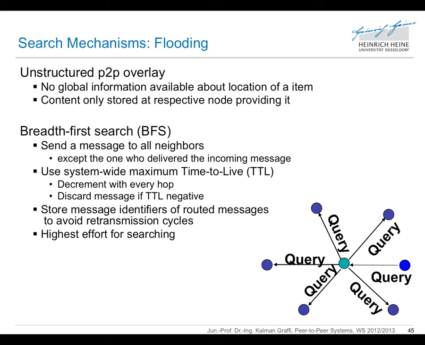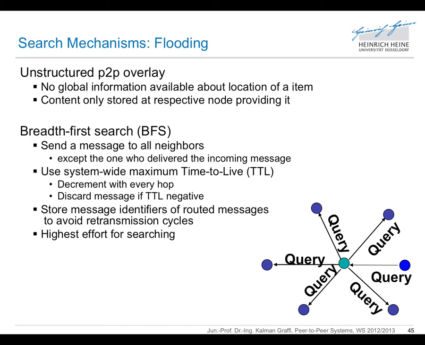You can send a message to all your neighbors, like it's presented here, to look for that object. So you are looking for an MP3 file from Justin Bieber, and you give the message a maximum time to live, so how many hops it can go. Then every neighbor forwards the message to every other of their neighbors except the one they received it from, and then it's flooded across the network.